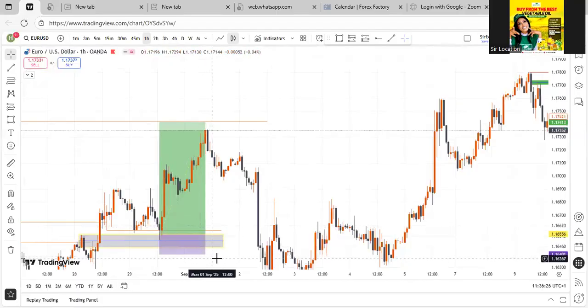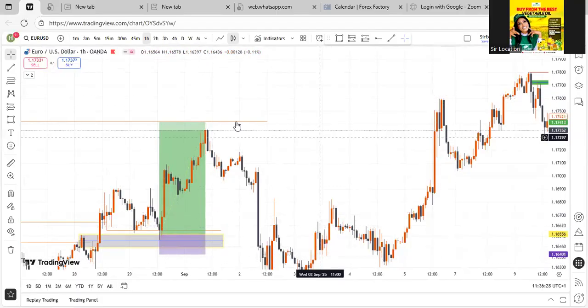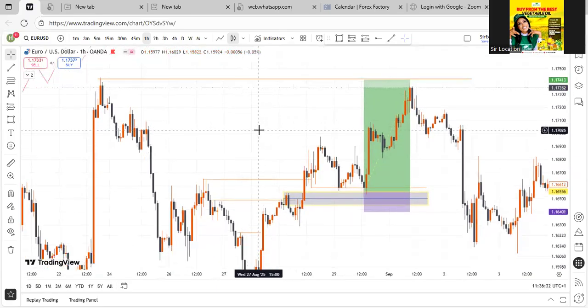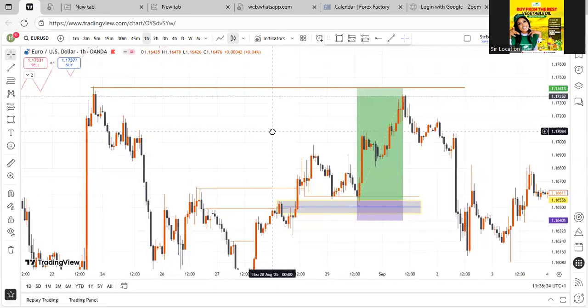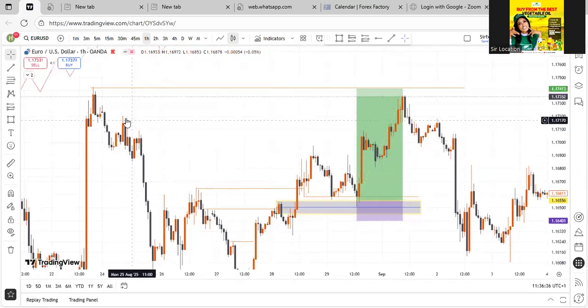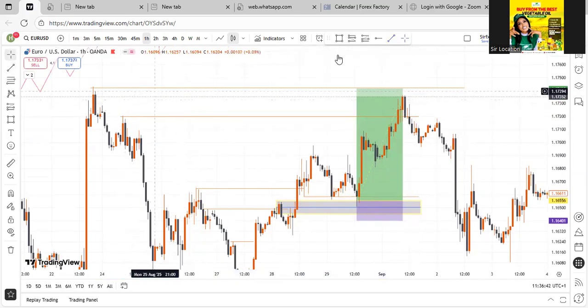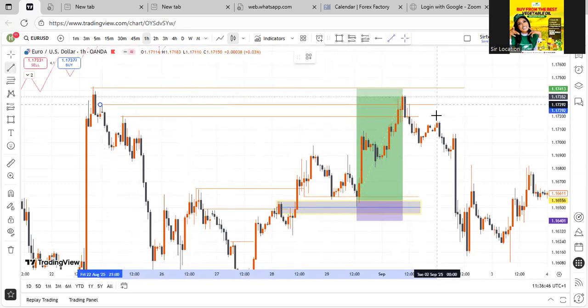Instead, it came, hit stop loss, then pushed to the upside. But as a trader, you already know when to close out and when not to close. But I'll still teach about that maybe when next I'm going live or something like that. So look at this. All these zones are where you'll be looking for your take profits.